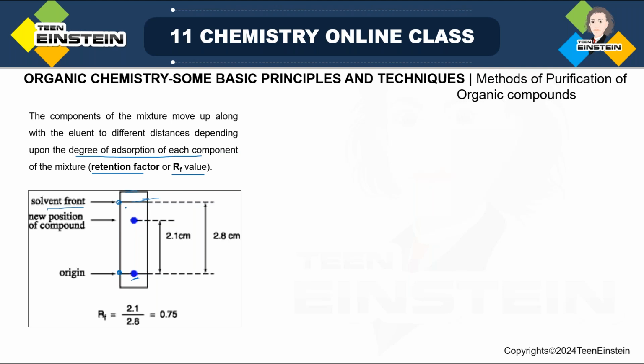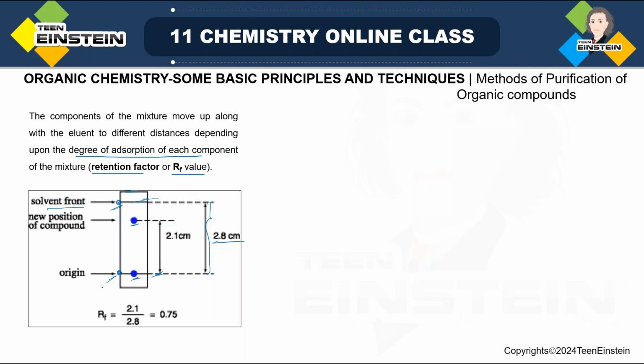When it is touching somewhere here, this is actually the distance for the total solvent movement, and that distance is 2.8 centimeter. So the solvent movement started here and ended here. This is the total distance for the solvent movement, and then there is the total distance for the movement of the spot or any compound. Here only one spot you can see, moving from the origin, because the origin you always have to consider the same, whether it is the solvent or the spot.